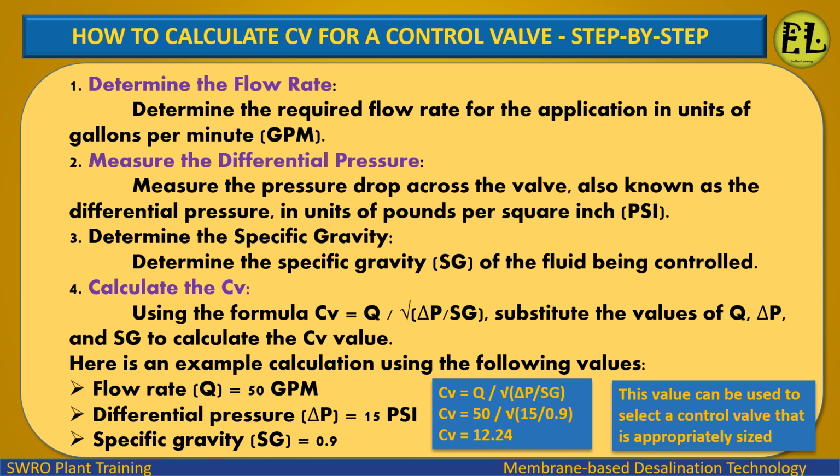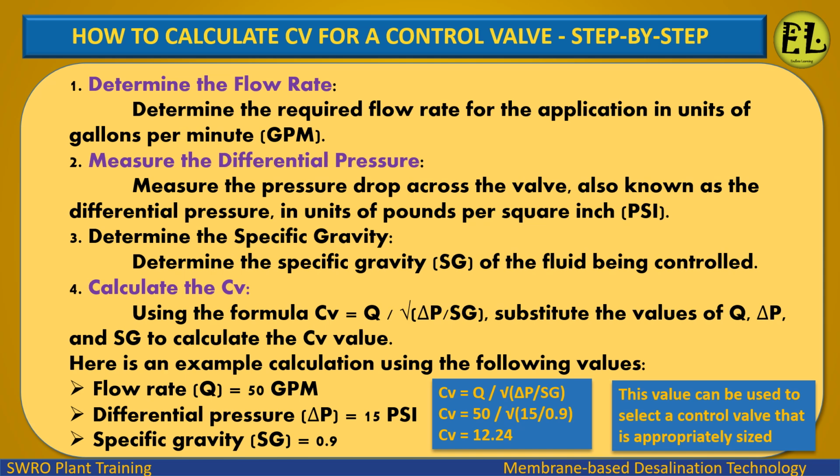Flow rate, Q, equals 50 GPM, differential pressure, delta P, equals 15 psi, specific gravity, SG, equals 0.9. CV equals Q over the square root of delta P over SG. CV equals 50 over the square root of 15 over 0.9. CV equals 12.24.